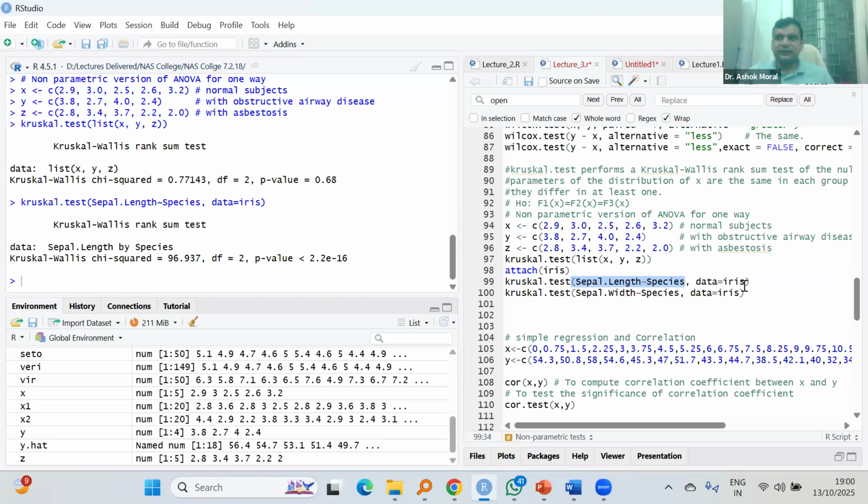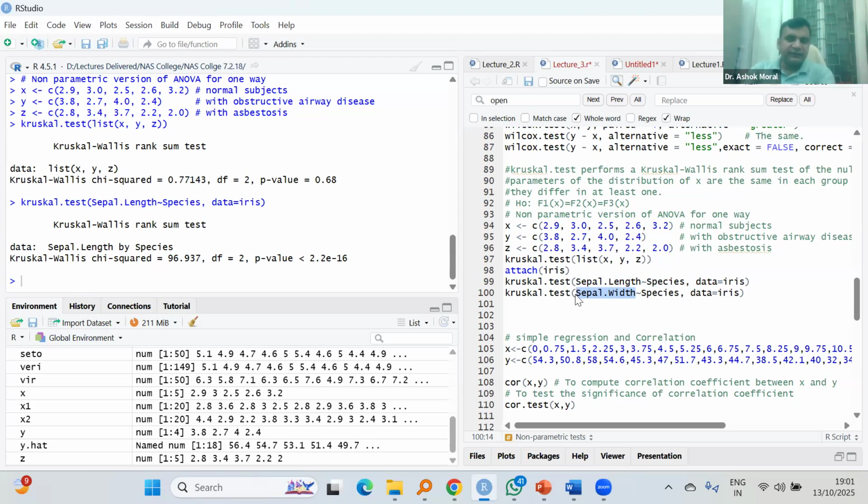This is the way where you can use either your data set that you have imported from the Excel or from any other source to apply the Kruskal test, or directly you can enter the data and you can check the normality of x, y and z independently or individually.